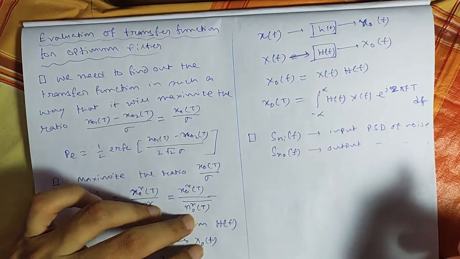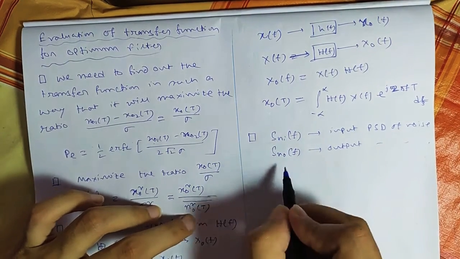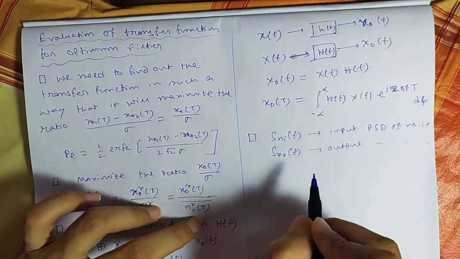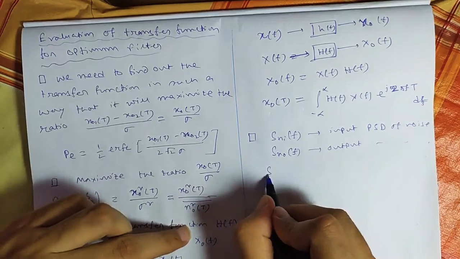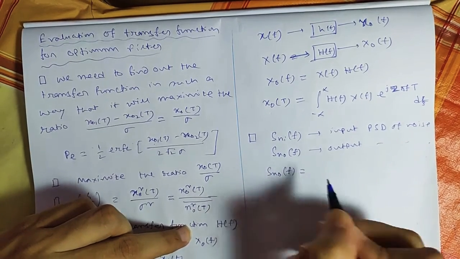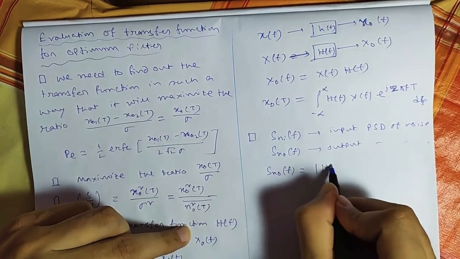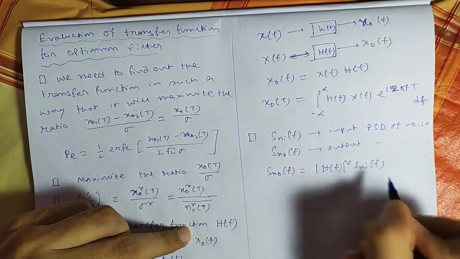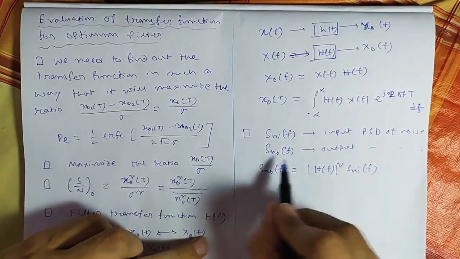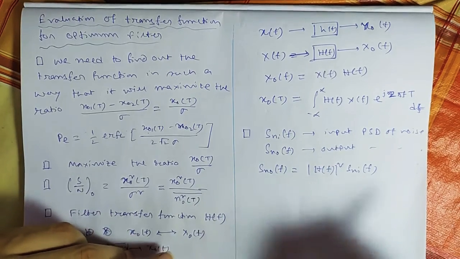The input and output power spectral densities are related by SNO(f) equals H(f) square times SNI(f). That's how these two power spectral densities are related.